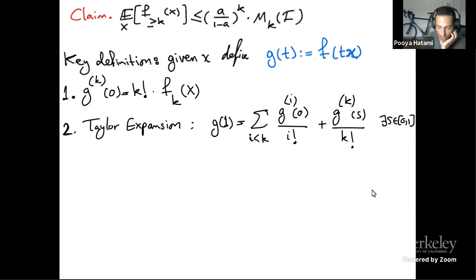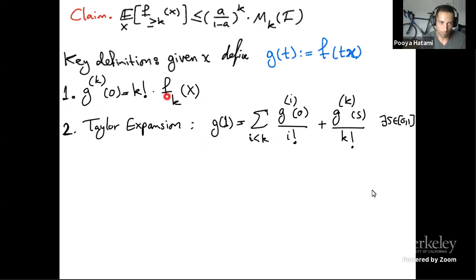And if you evaluate it at 0, whatever terms you get from the Fourier coefficients that are of higher level, they will also vanish because they will have a surviving variable t in them. Right? So you had some t to the k plus 1 and you took k derivatives, t still survives. So when you plug in 0, they also vanish. So the kth derivative of g evaluated at 0 is exactly k factorial times the kth level Fourier expansion of f evaluated at x. Okay, so this is one important observation.